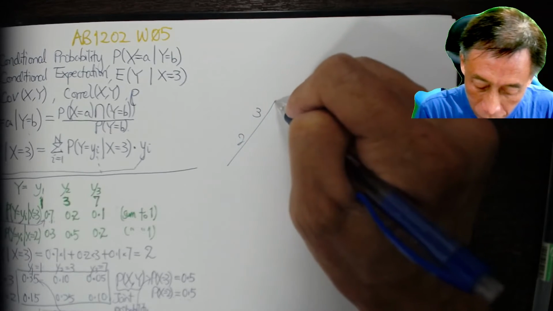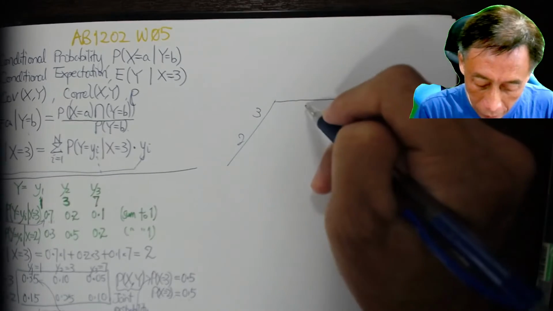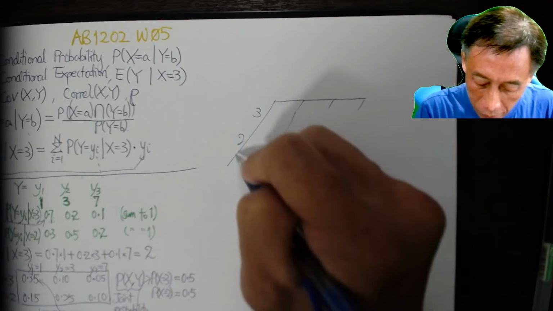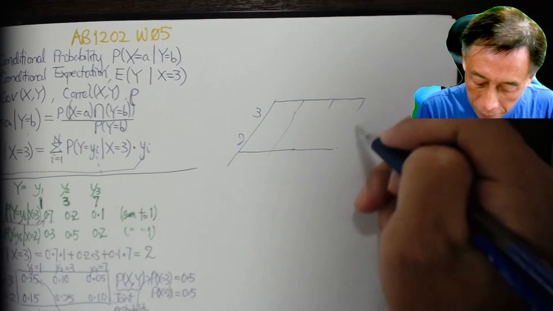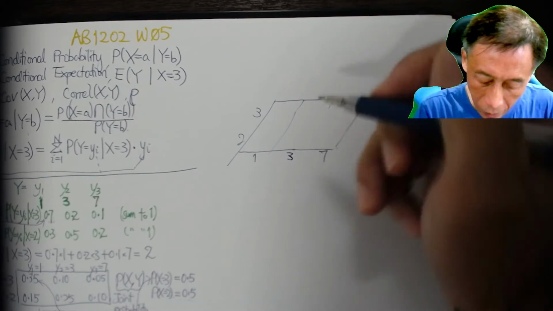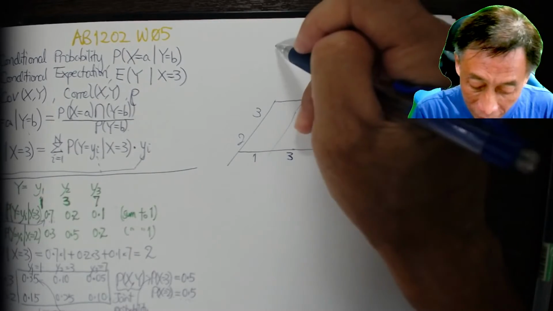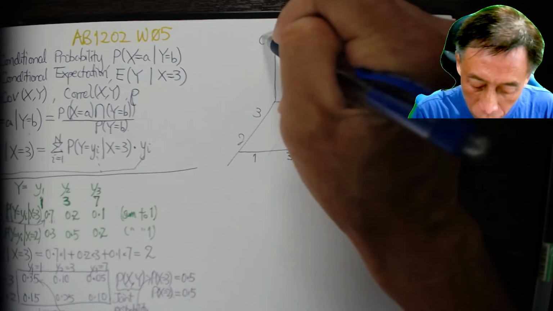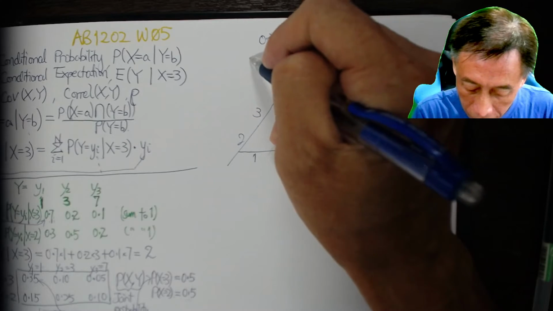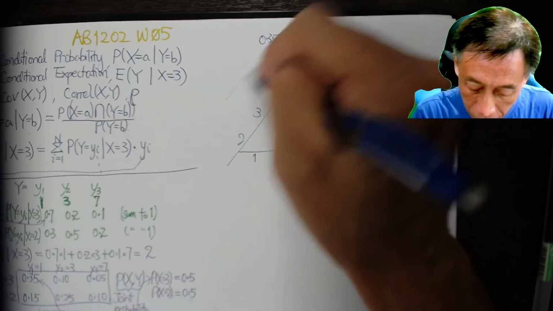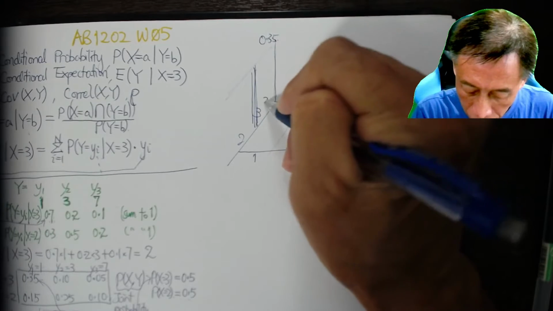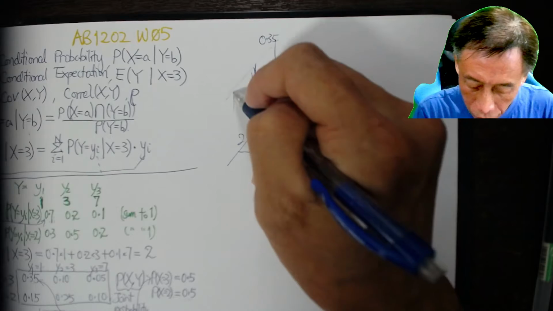So this will be like this, and we have 1, 3, and 7. Okay, and the back extends upwards to 0.35 height, and this is the middle. So the 3 should be here, and then the 2 should be here.